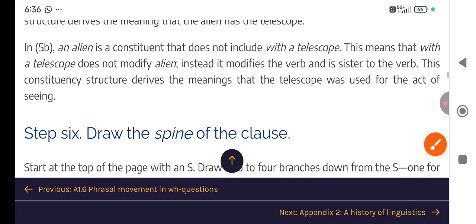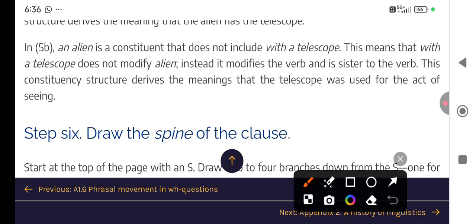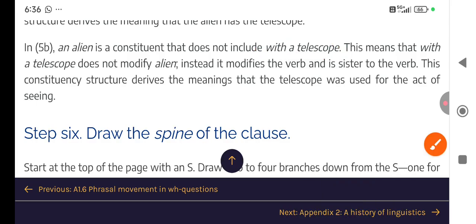But in 5B, an alien is a constituent that does not include with a telescope, because its position changes in 5B. This means that with a telescope does not modify alien; instead it modifies the verb and is sister to the verb.